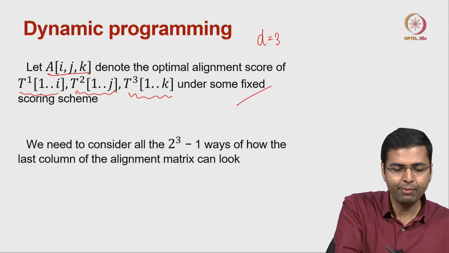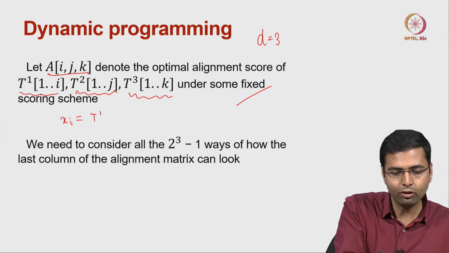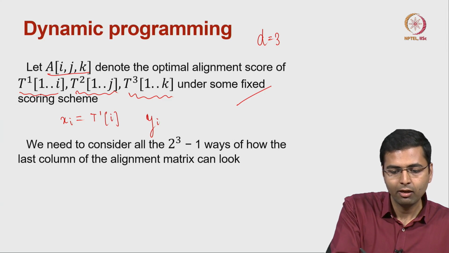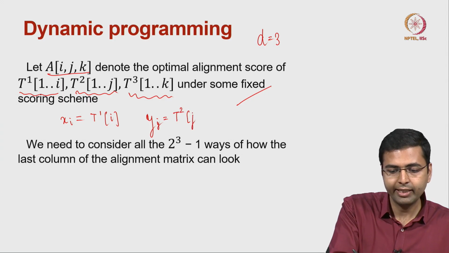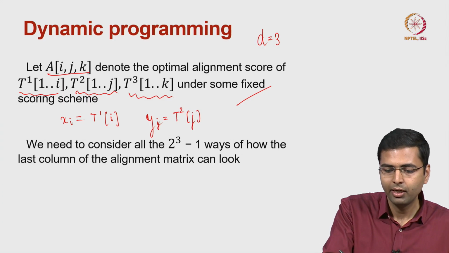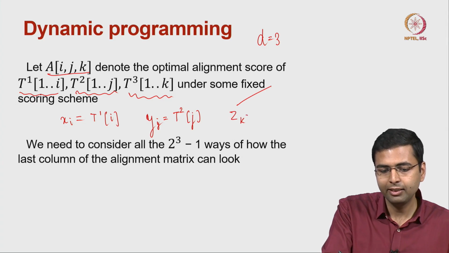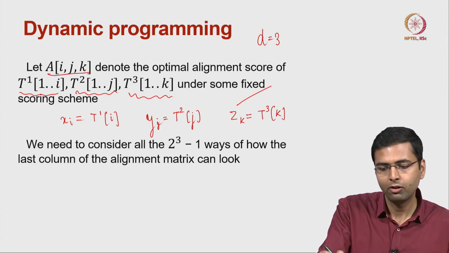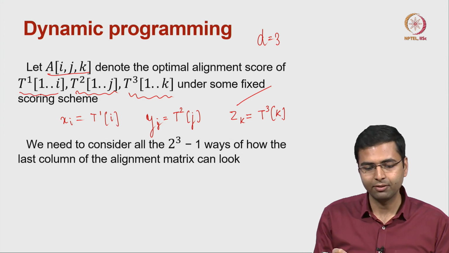Let me consider xi as the ith character of T1, similarly yj as the jth character of T2, and zk as the kth character of the third sequence.